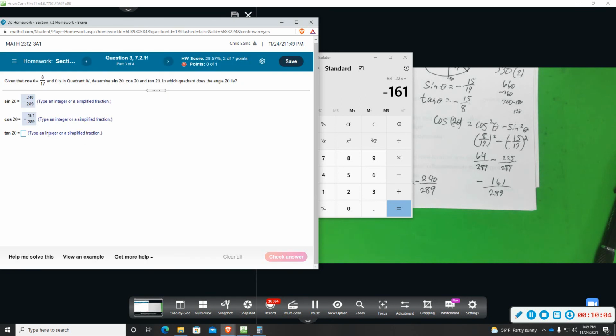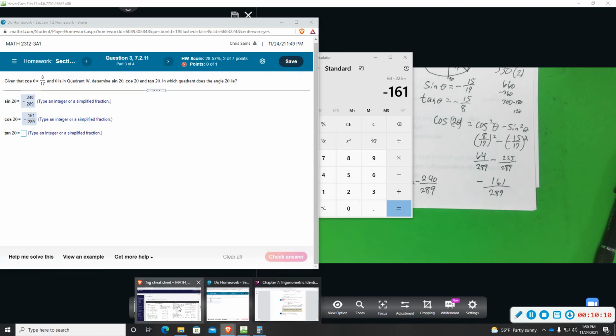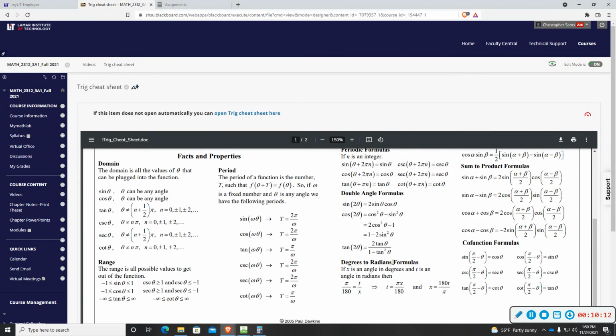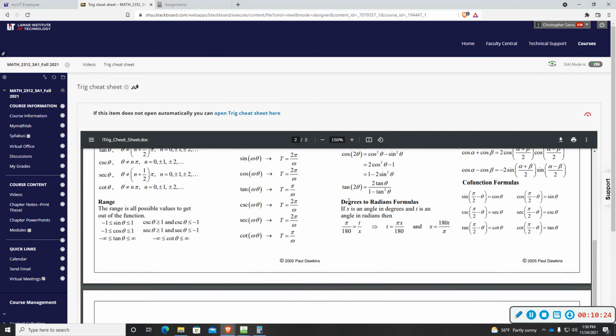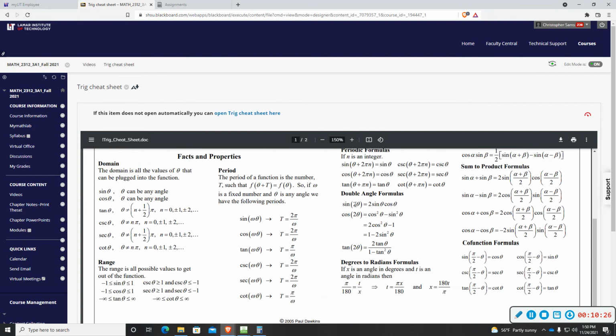Okay, so when we get to the third one, you can do the tangent formula, and it should work out just fine. However, instead of doing the tangent formula, remember the relationship that tangent is sine divided by cosine. So if it's 2 theta, it's the same thing, since we already got the values for sine 2 theta and cosine 2 theta.